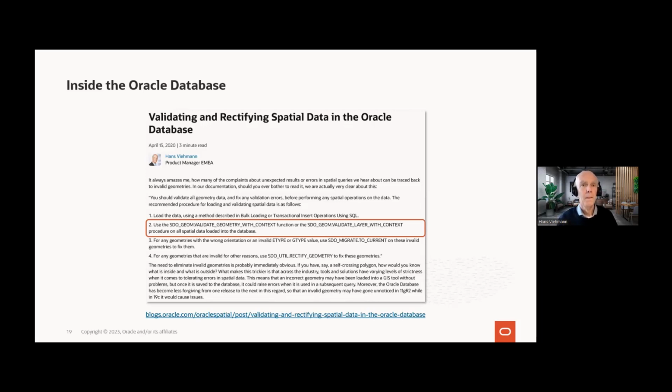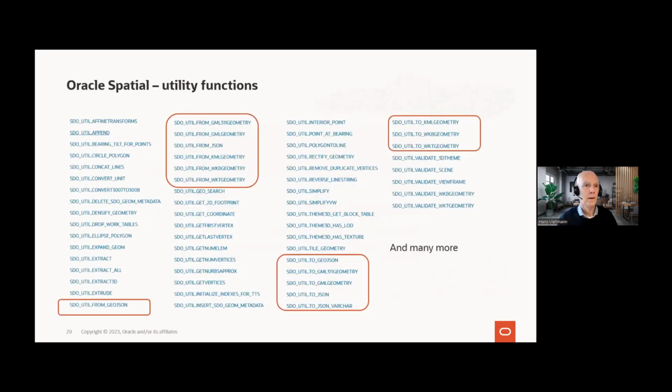One more thing before we come to the demo. There is a set of utility functions in Oracle Spatial which you can use to deal with all the kinds of formats I've been referring to earlier: converting to and from GeoJSON, working with well-known text, KML, GML, or whatever other specific formats.